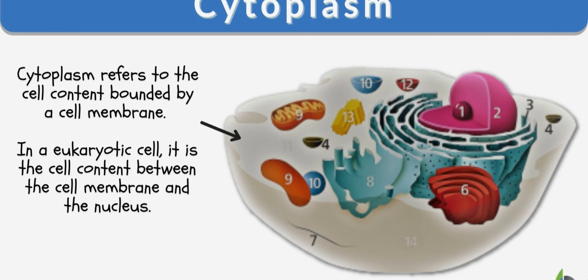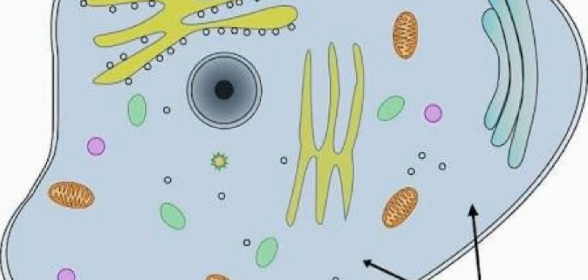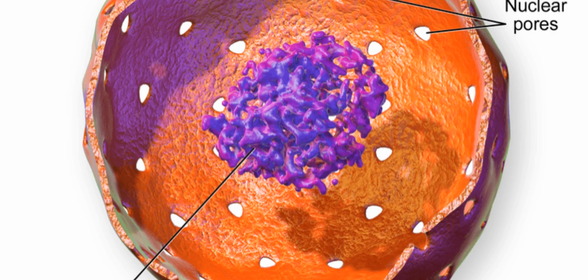For example, protein formation occurs in the cytoplasm, respiration occurs in the cytoplasm, mitosis or meiosis occur in the cytoplasm. Secondly, all important organelles are present in the cytoplasm, like mitochondria, ribosomes, endoplasmic reticulum, Golgi bodies, lysosomes.